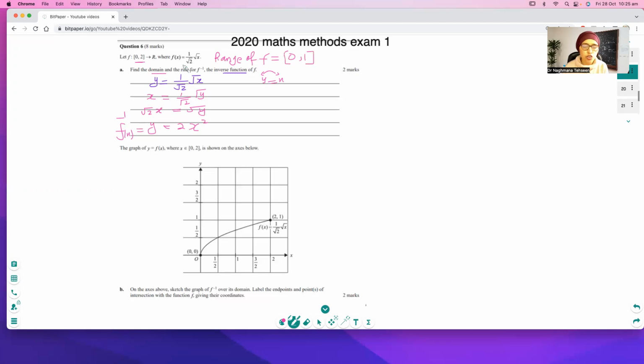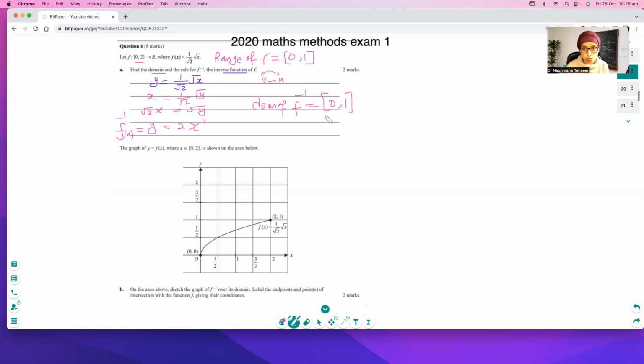That's the range of the function f. As we know, for an inverse function, the range of f becomes the domain of f inverse. So the domain of f inverse would be 0 to 1.